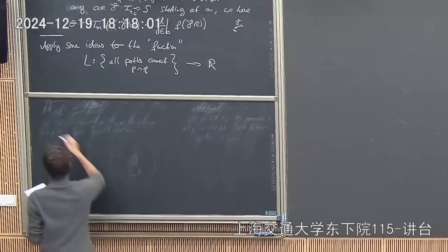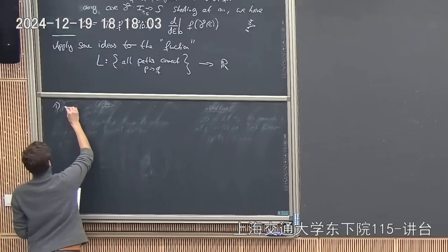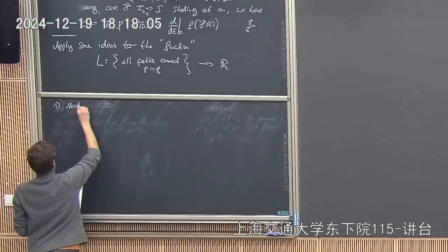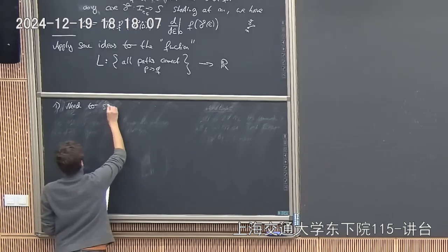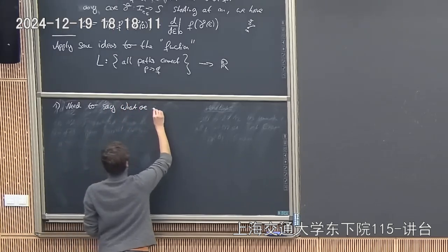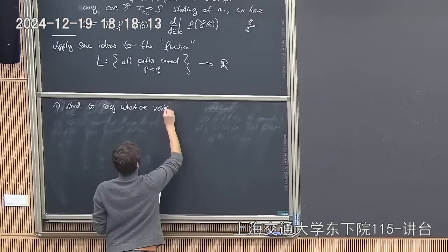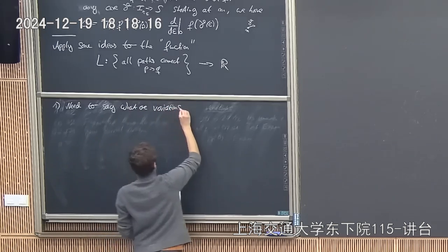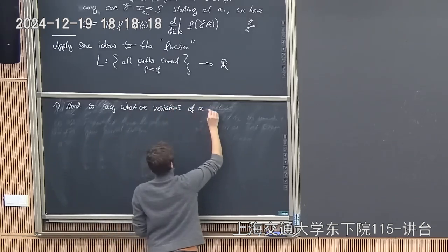So step number one would be we need to see what are variations of a curve.